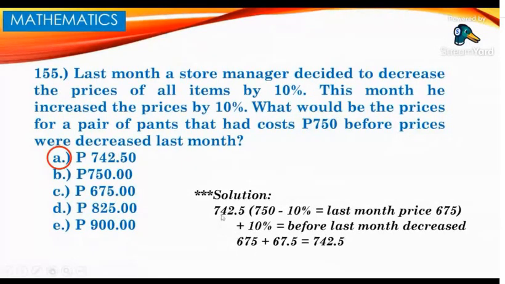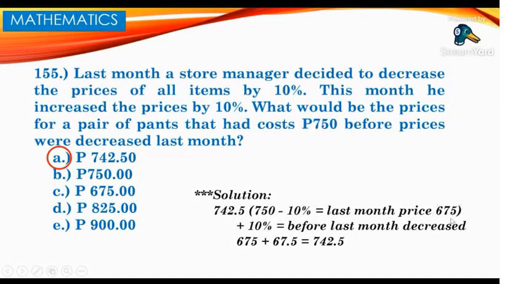Okay, so 750, kukunin po natin yung 10% niya sa days muna. So, bababa muna yung price. So, 10% of 750, that's 75. So you have 675. 750 minus 75, so that is 675.